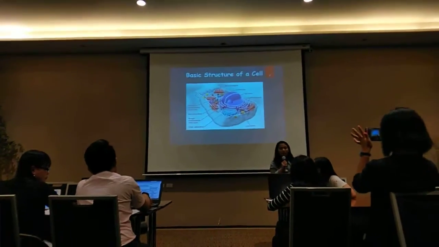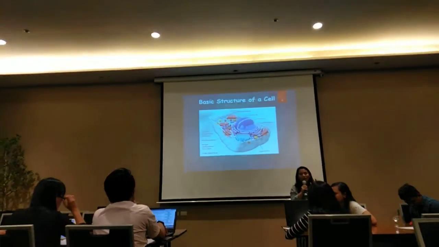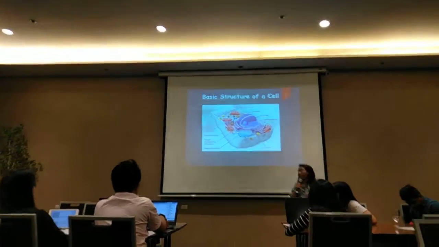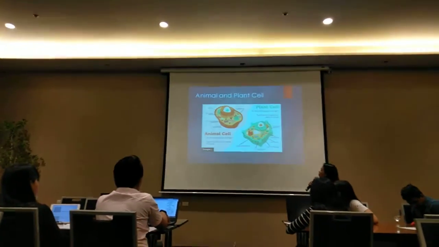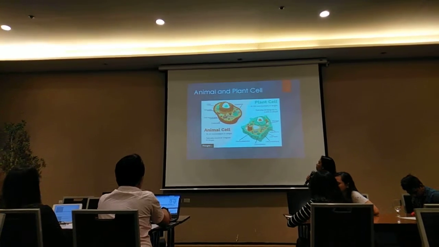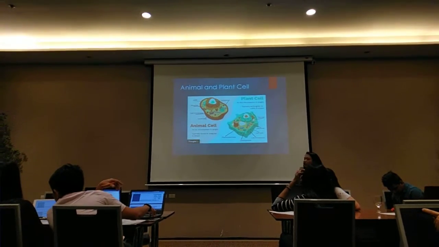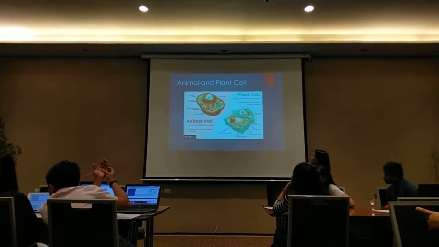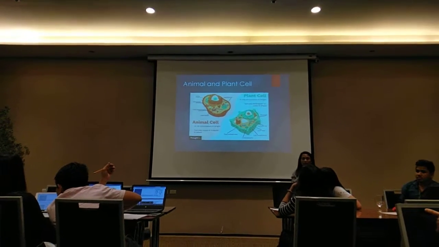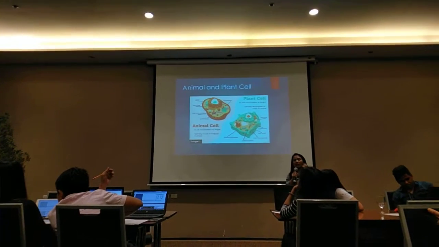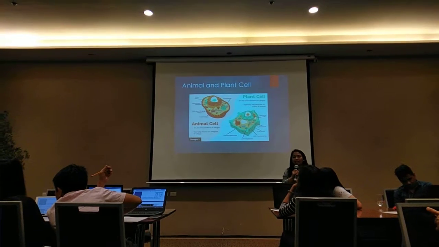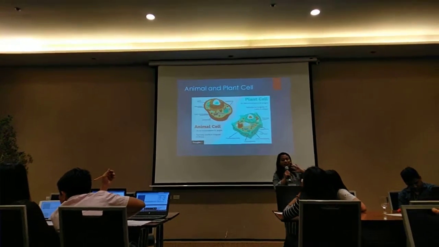So we have 2 types of cells: animal cell and plant cell. The animal cell has a centriole, while plant cells have cell walls. Cell walls are absent in animal cells. Am I right? Okay, so next.